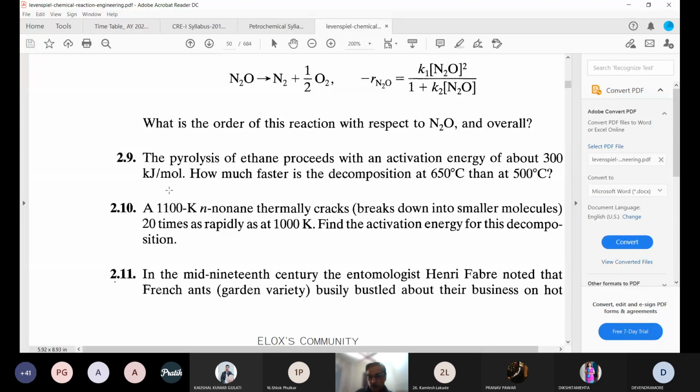Right. So activation energy दिया E, and we have to find out rate of reaction at 650 degrees compared to 500 डिग्री सेंटीग्रेड कितना फास्ट होगा. समझा क्या?